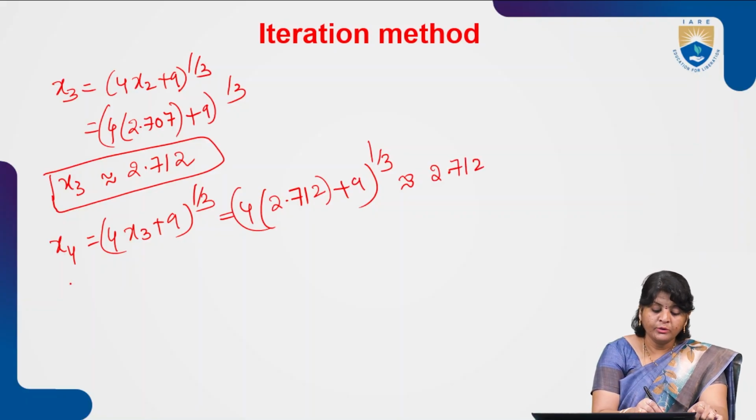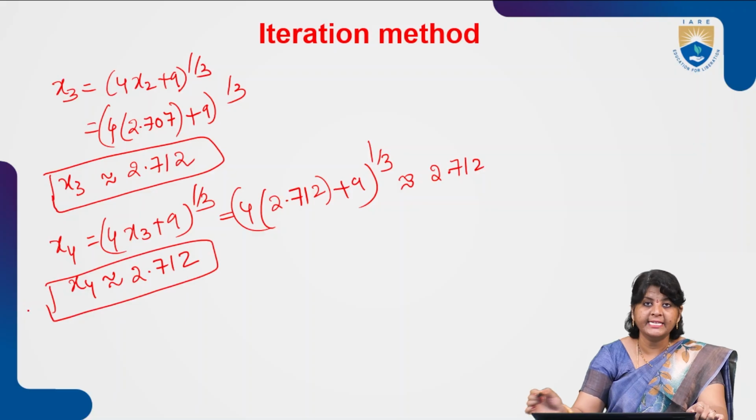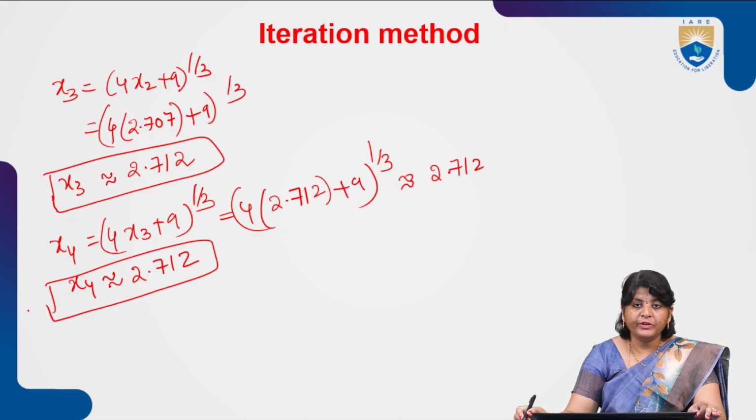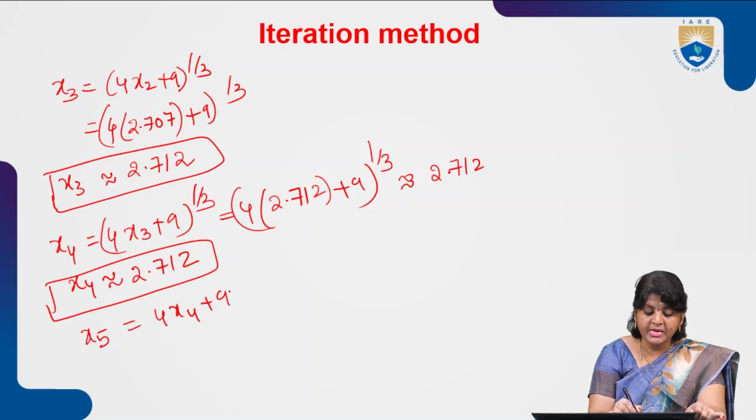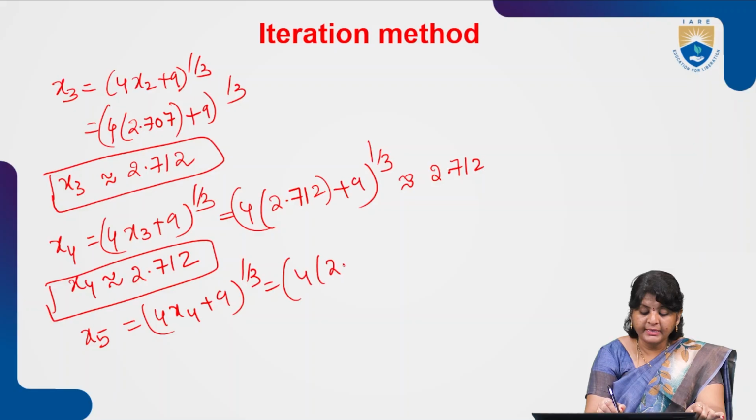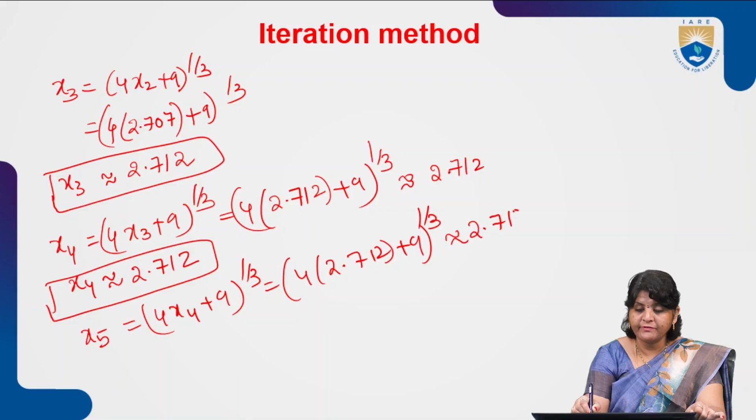So if you observe, x4 is same as x3. Since we consider only 3 decimals, we went with 4 iterations only. So now if you take x5, the fifth iteration, since the root value is the same here, you will get (4 into 2.712 plus 9) whole power 1 by 3, which is approximately equal to 2.712.